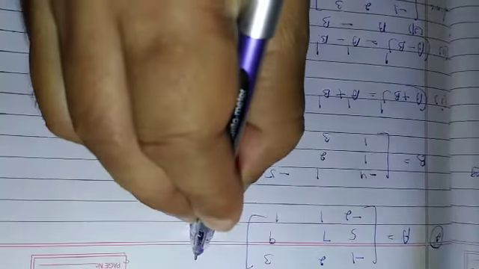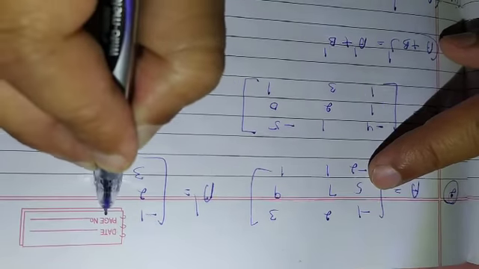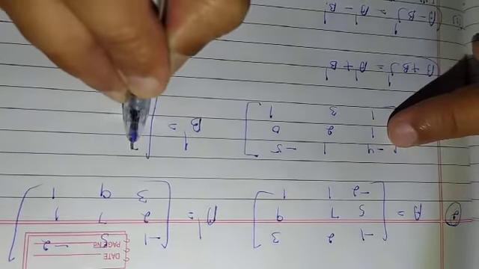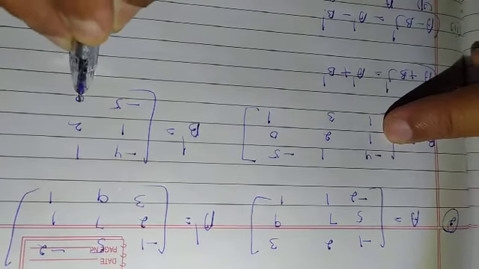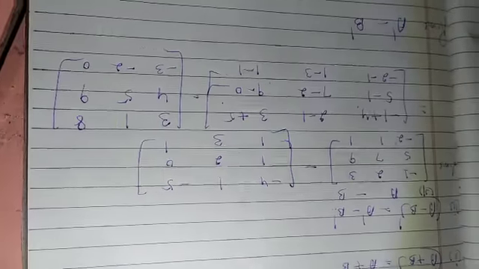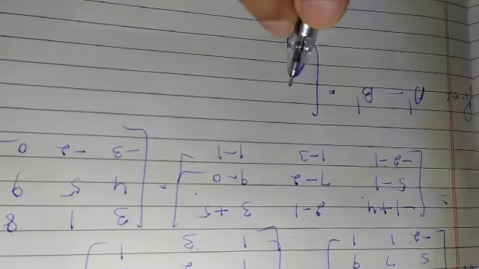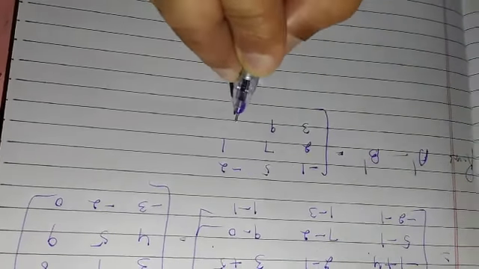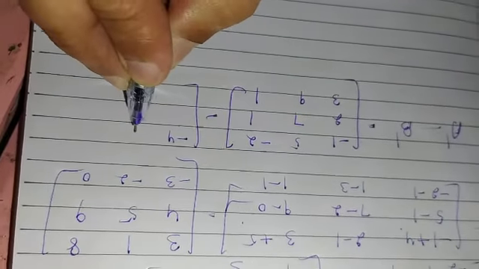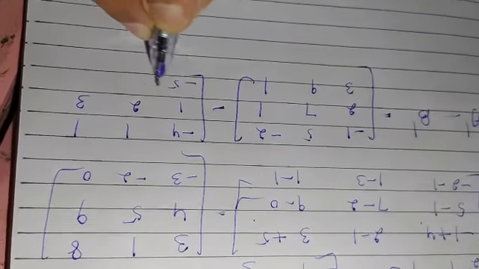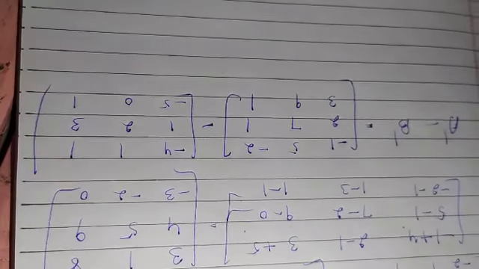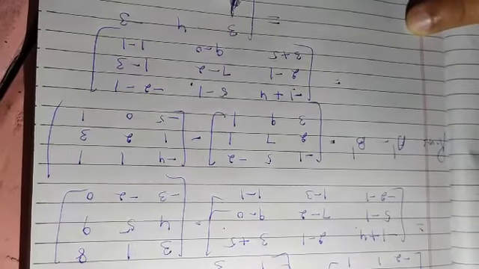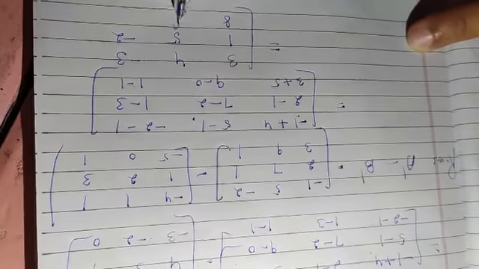A transpose, changing rows into columns: minus 1, 5, minus 2, 2, 7, 1, 3, 9, 1. B transpose: minus 4, 1, 1, 1, 2, 3, minus 5, 0, 1. Then we put these values of A transpose and B transpose here and subtract: minus 1 plus 4 is 3, 4 minus 3, 1, 5 minus 2, 8, 9, 0.